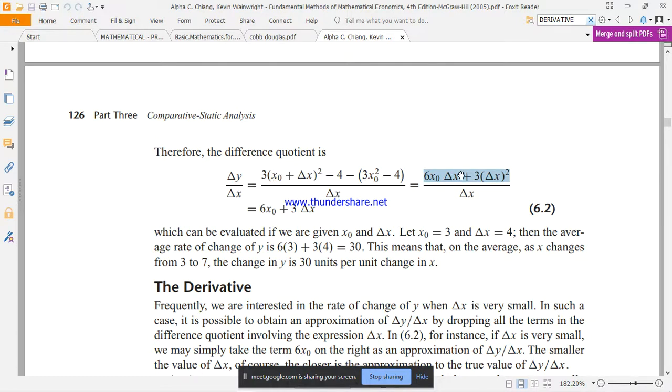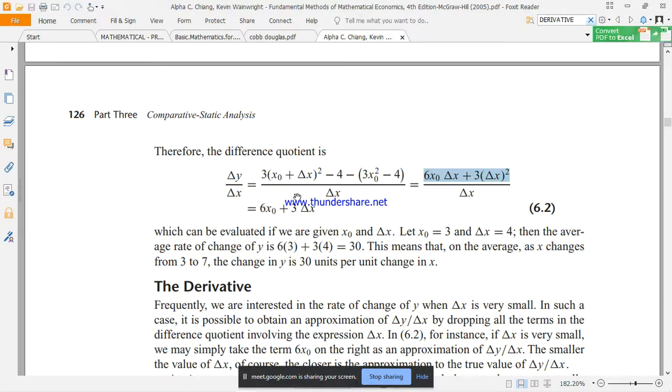So that is where the x naught is coming from. Then, of course, when you cancel, you're going to remain with 6x naught change in x plus 3 change in x squared over change in x. But the same assumption that we made in that book is the same assumption that we're going to make here.